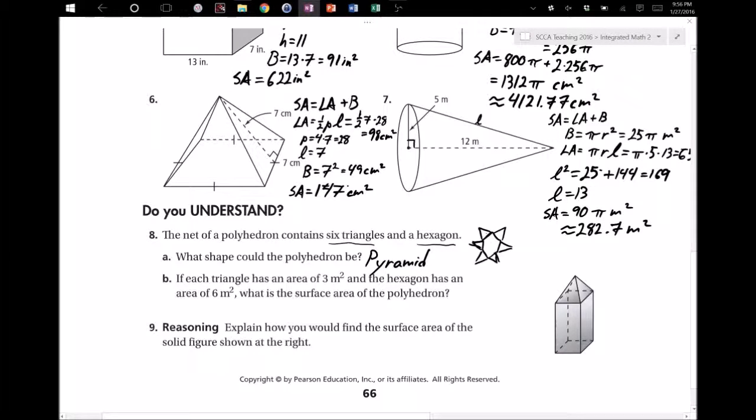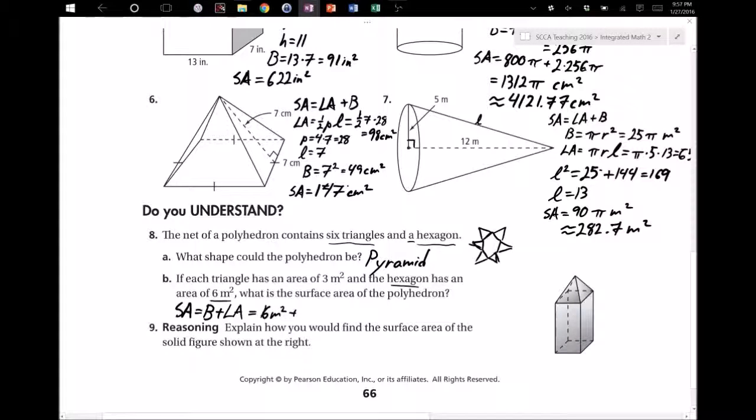Now each of these triangles is part of the lateral faces. So if I'm thinking about surface area, how many bases do I have? It says a hexagon. A is 1, so I have 1 base. And then how many sides do I have for my lateral area? I have 6. So I have the area of 1 base, the hexagon, 6 meters squared.